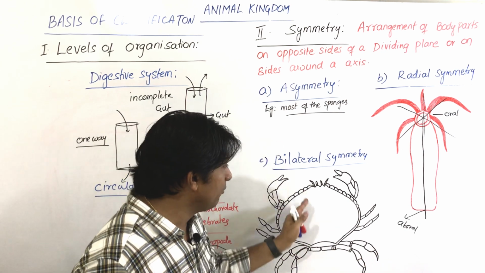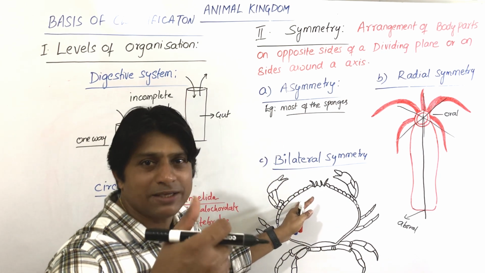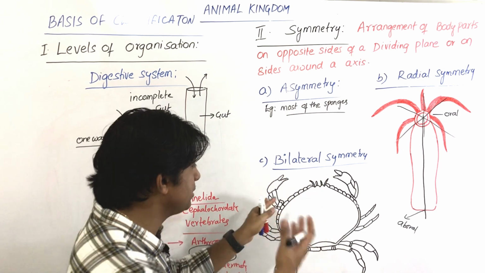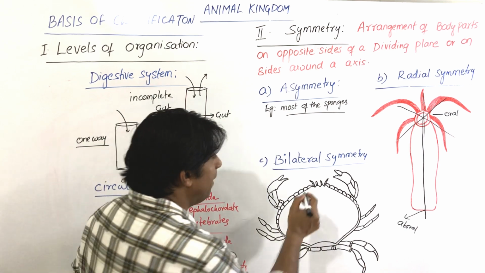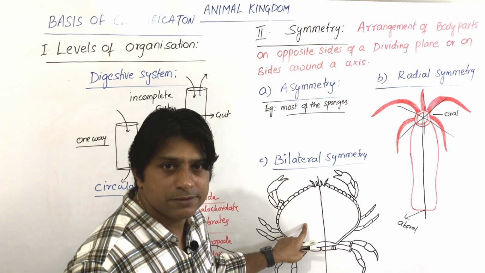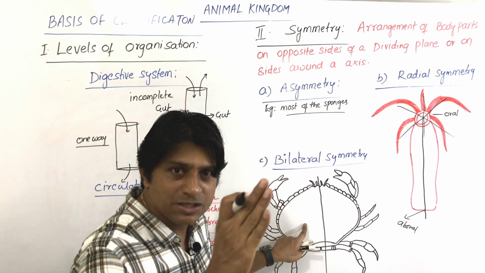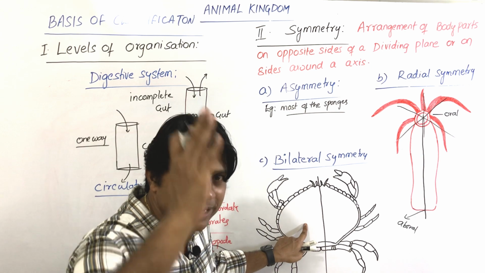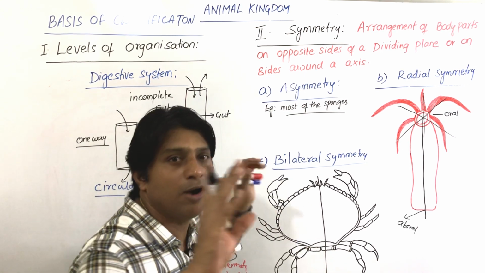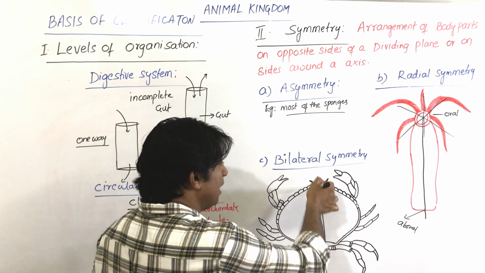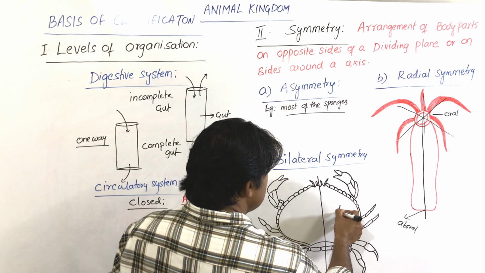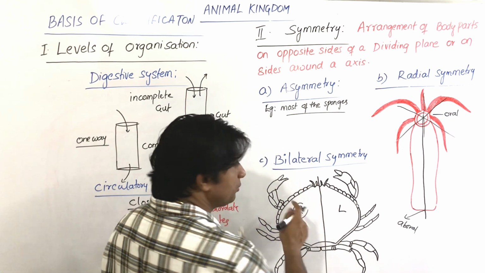Now, in bilaterally symmetrical animals, we can take an example. In the NCERT book, crab is given as an example, so I'm just taking crab. In bilaterally symmetrical animals, this is the median axis or median sagittal plane or central axis of the body, or we can say the principal axis of the body. Now, if the animal is cut along the principal axis, it can be divided into right and left halves.